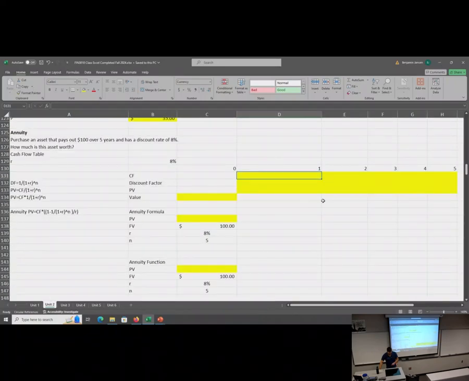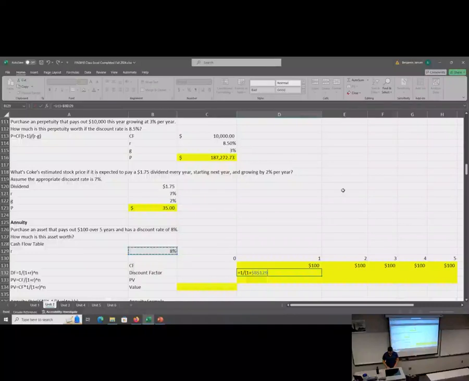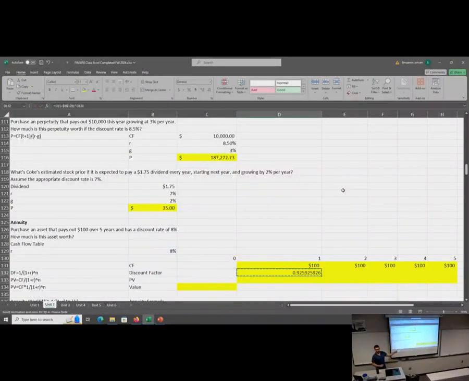Step number 2, allocate your cash flows, $100 over the 5 years. Set up your discount factor, 1 plus the discount rate, fixing reference to the discount rate, raised to the year that you're in. And what should happen to the discount factor as we copy it forward into the future? Should we expect it to increase or decrease?